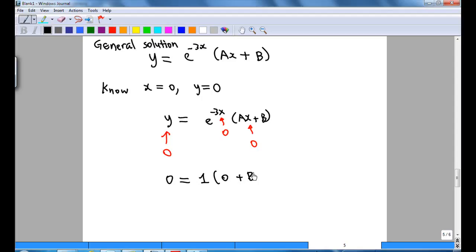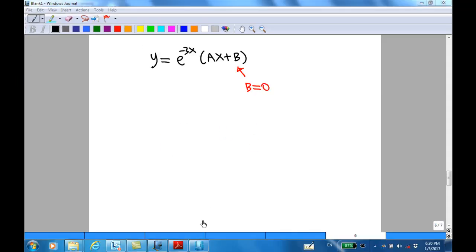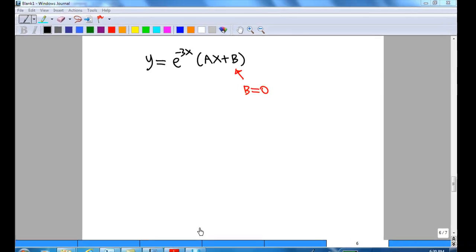That means that 0 equal to b. So we now know the value of b. Therefore, y is equal to a x e^(-3x).